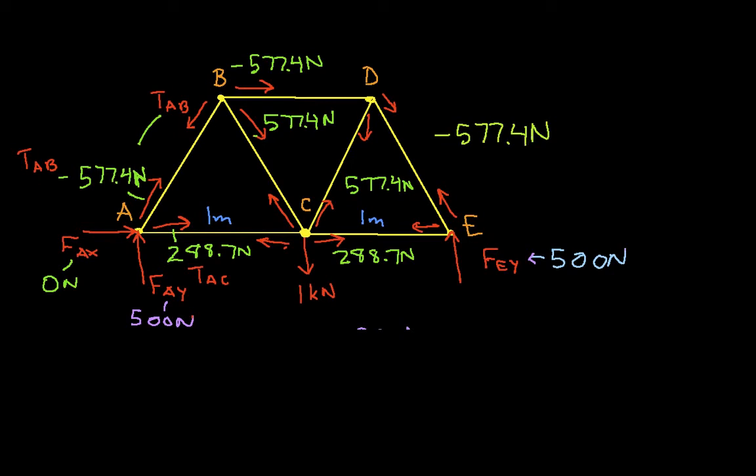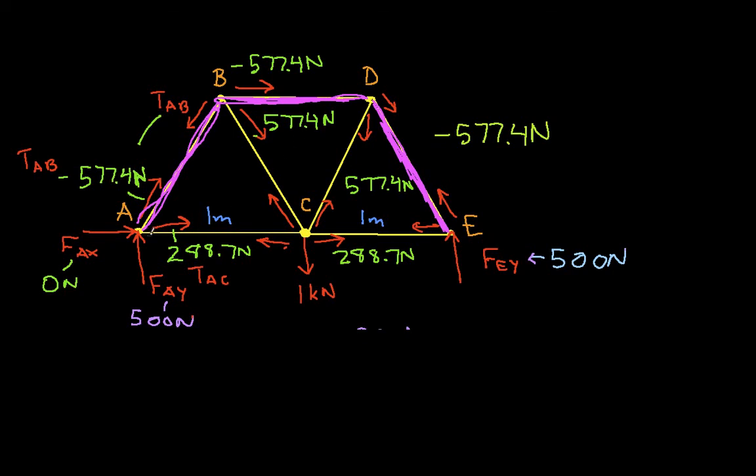Just one last thing to point out. The members where the tension is negative are actually in compression. So, for example, this member here, joints D and E are pushing towards each other. Joints B and D are pushing towards each other, and joints A and B are pushing towards each other.